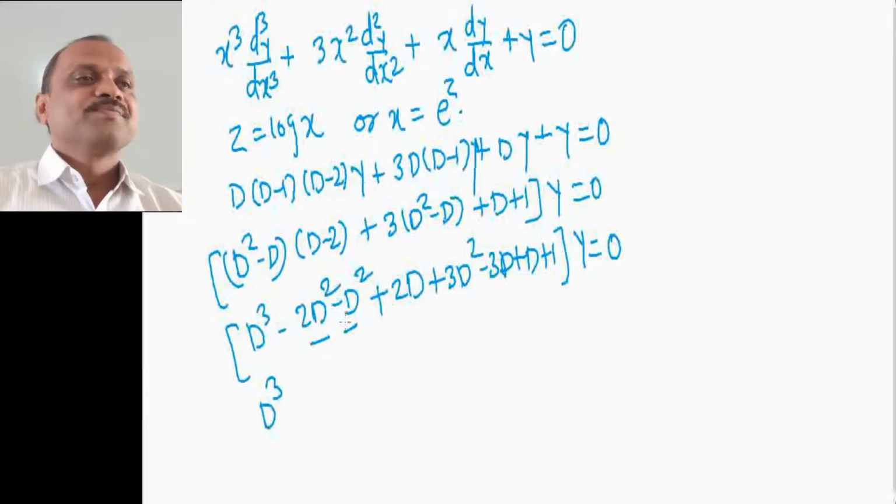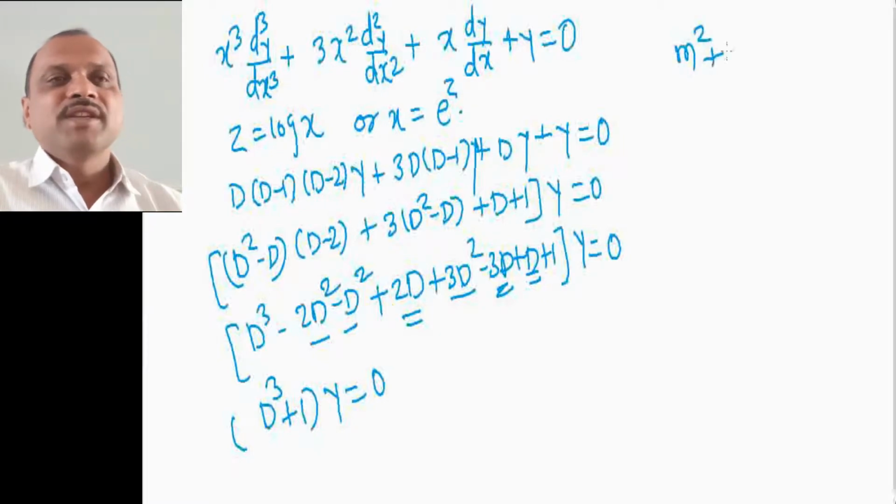The D cube terms and the D square terms will cancel, the 2D and the minus 3D and D get cancelled, and we have D cube plus 1 operating on y equal to 0.